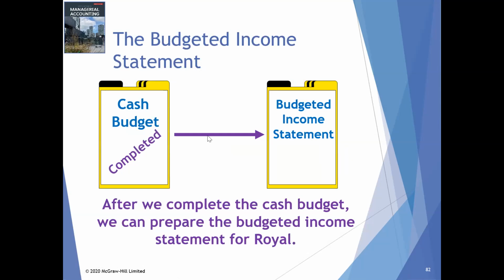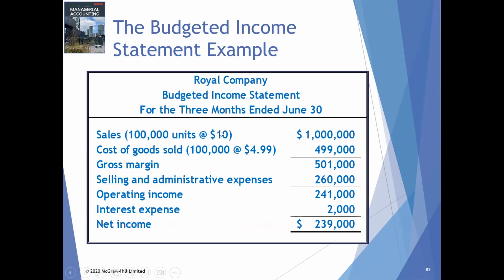Now, the cash budget is also created. So after we complete the cash budget, we can prepare the budgeted income statement for Royal Company. The budgeted income statement means how much income we have. We know 100,000 units at the rate of 10, so the total amount will be 1 million, which means 10 lakh.